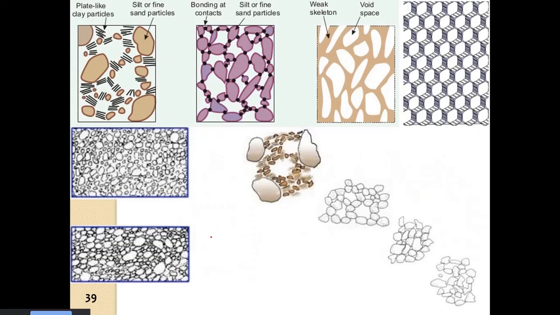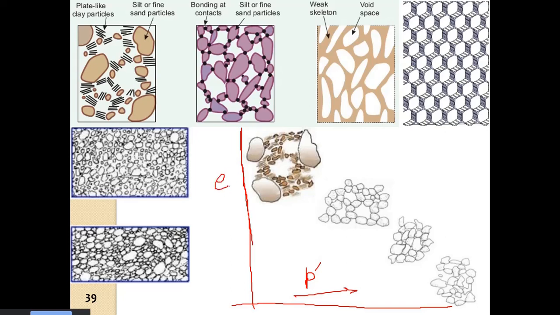Now, when we apply a confining stress, what happens? We apply confining stress P dash, and this is the void ratio. So we have high void ratio here.